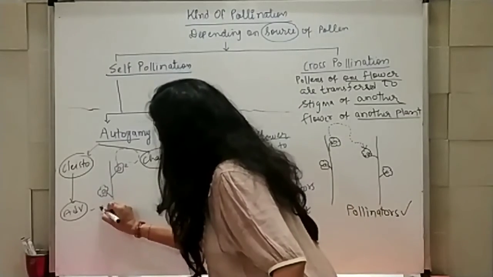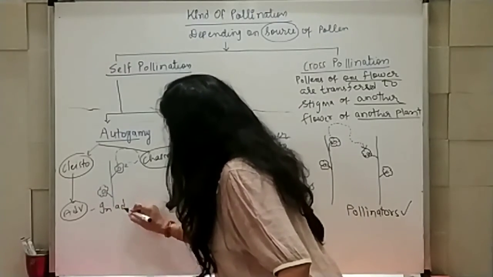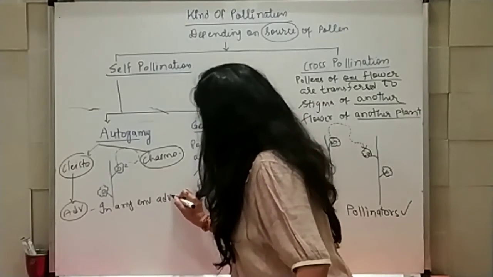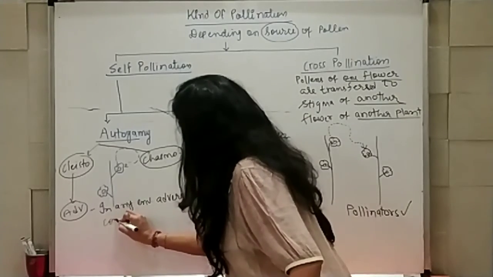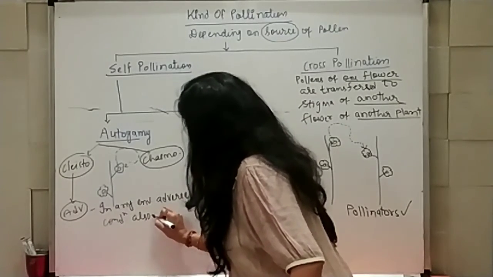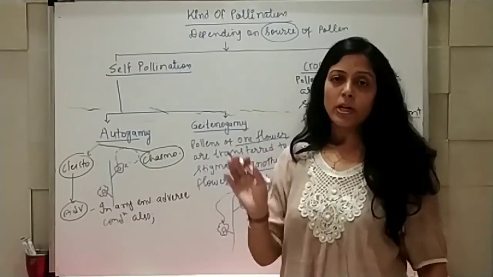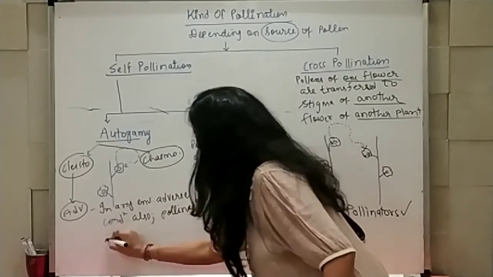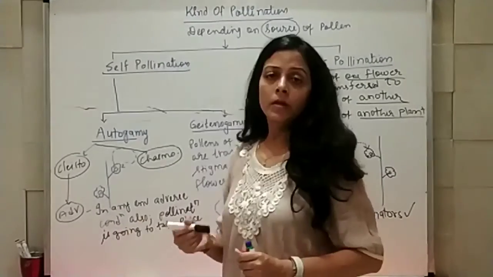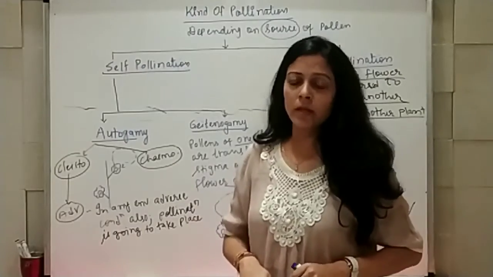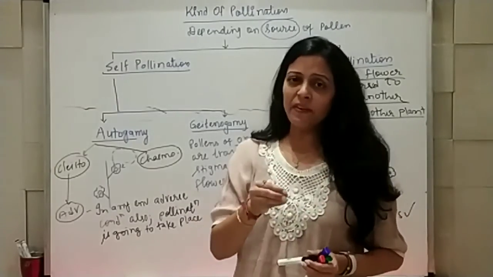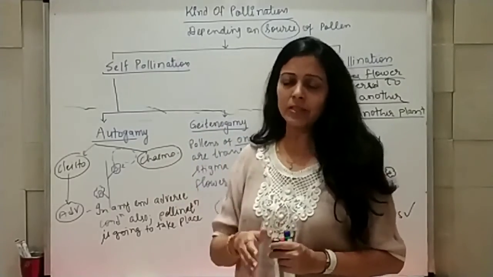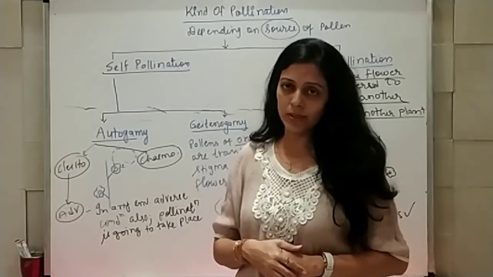That in any adverse environmental conditions also, pollination is going to take place, because the flower does not bloom and there is no effect of any adverse environmental conditions on the flowering process, or maybe you can say on the pollination process.